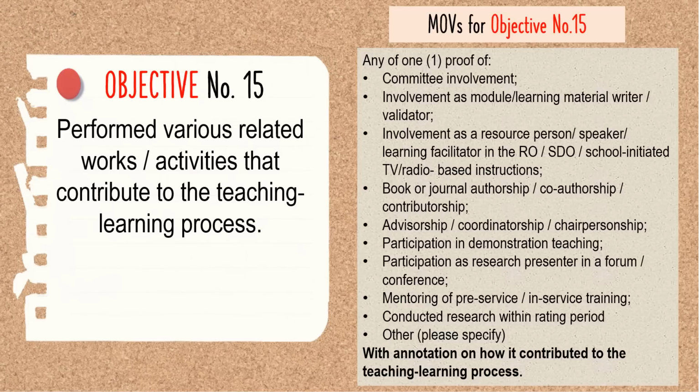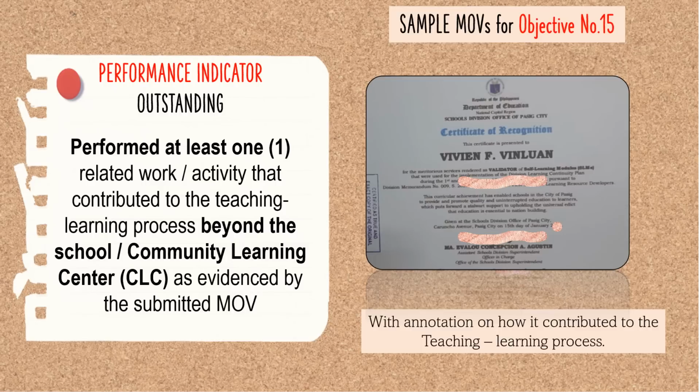So, tingnan natin kung ano yung mga sample MOVs for this objective. Kung ang ilalagay ni teacher na sample MOV dito, yung i-attach niya sa kanyang portfolio ay certificate na katunayan siya ay module or learning material writer or validator, or siya ay resource person or speaker sa regional office or SDO, or siya ay author ng isang book or journal, or co-author siya doon, or may contribution siya doon sa book or sa journal, ang kanyang magiging rating for this objective sa quality ay outstanding.